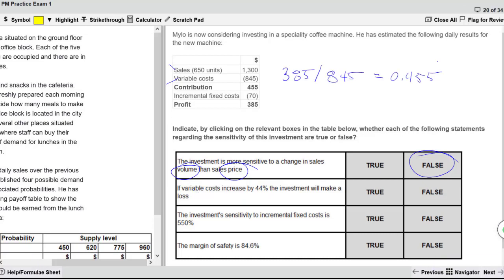So statement 2 is also false. We just found out that the variable costs need to increase 45.5% to break even. So if variable costs increase by 44%, they make a small profit.